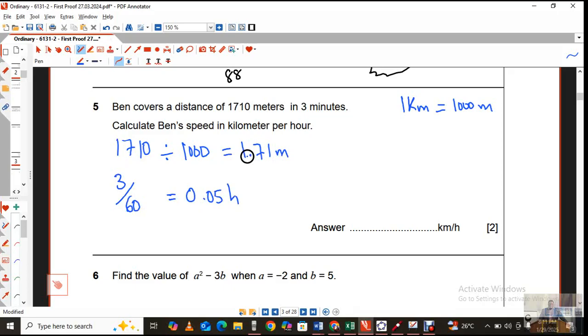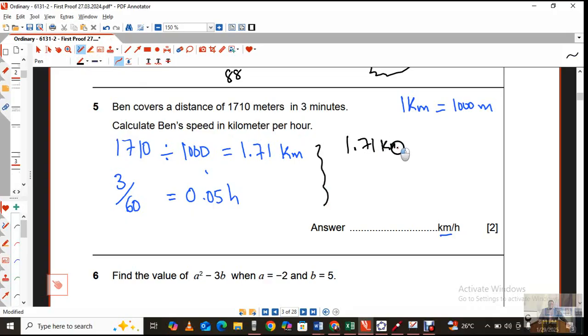Now you have your answer in kilometers. Sorry, this one over here is kilometers. Just write it nicely. So this one here is now kilometers. No need to put the 0. You have got the hours. This means kilometers, which is 1.71 kilometers.